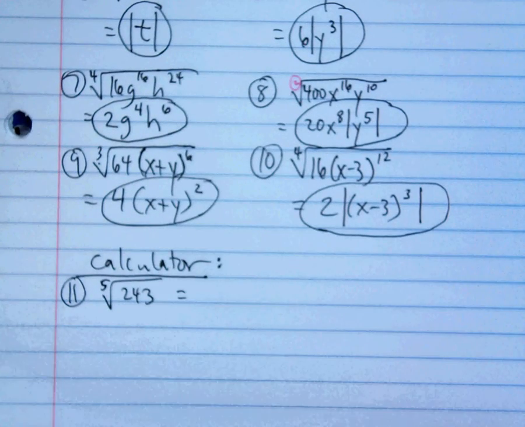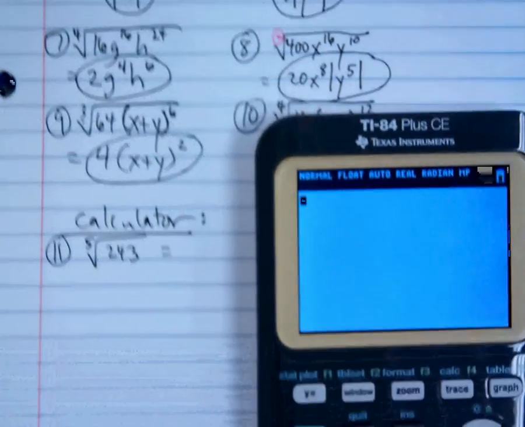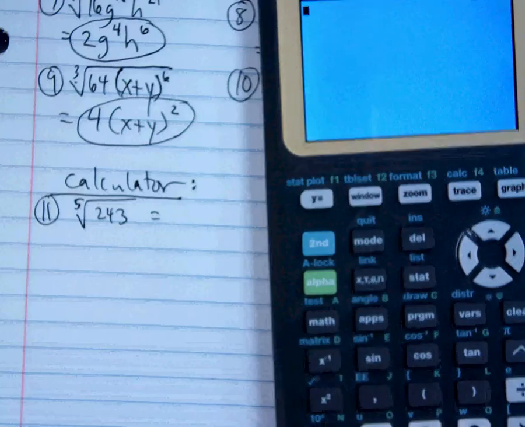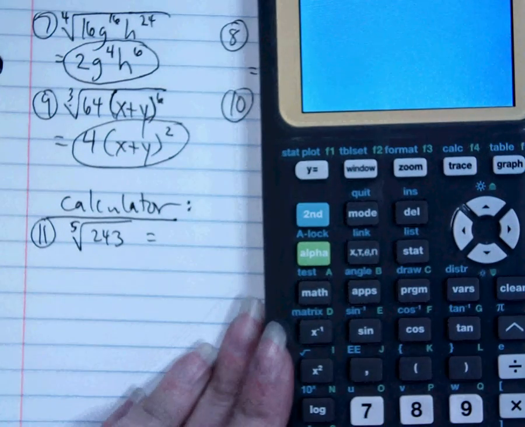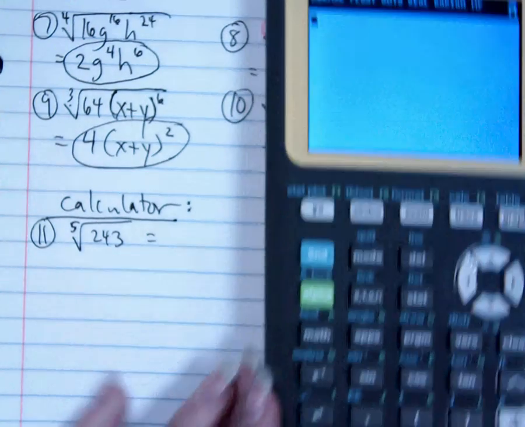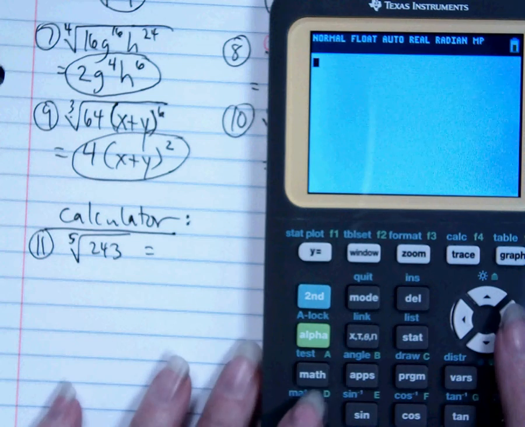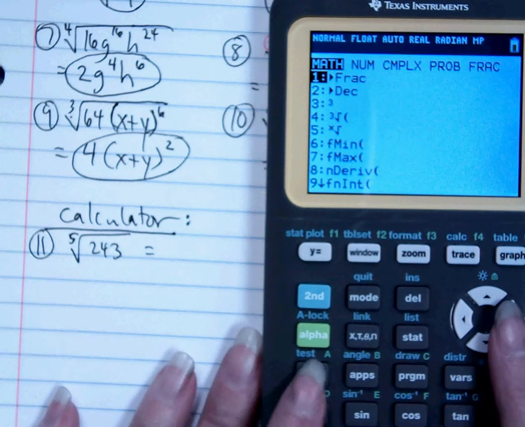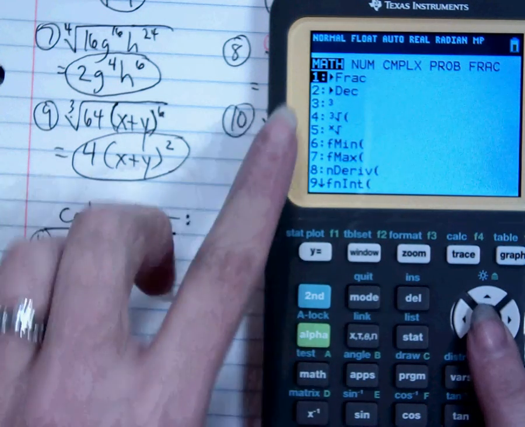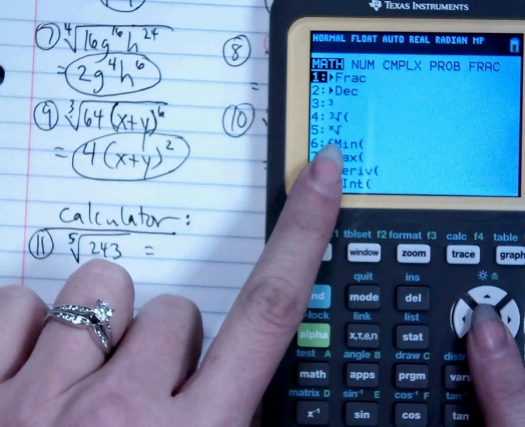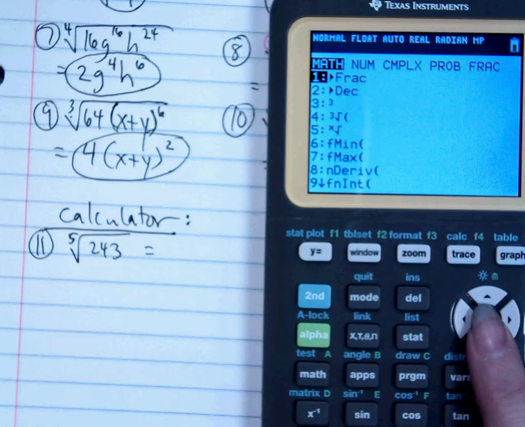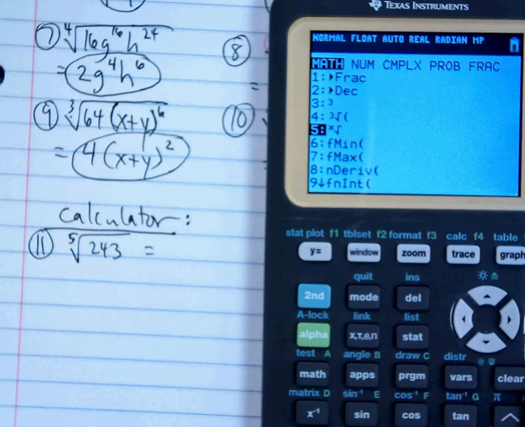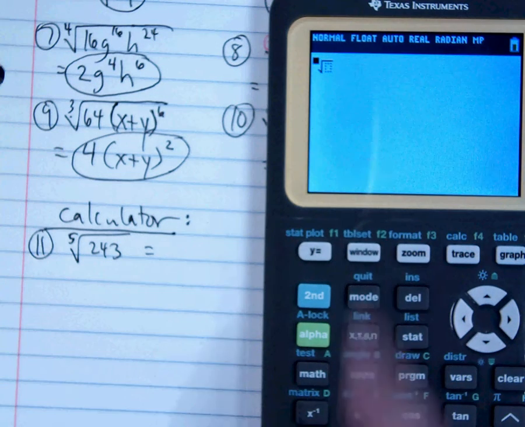In your calculator, you should see, under math, if you look partway down, you've got something there that has this x and then the root symbol. That's the button you want. Now the problem is, well, this one's okay, you can type it in.